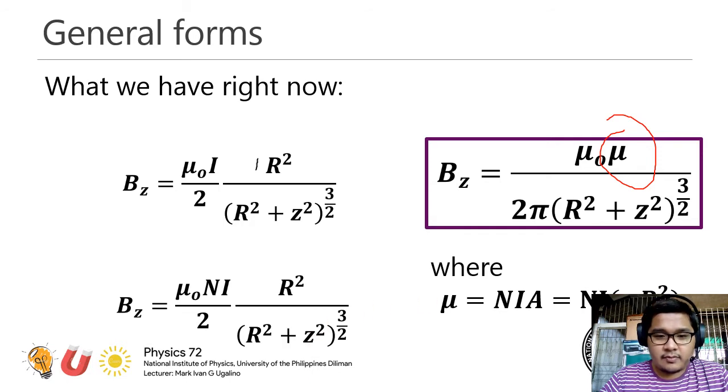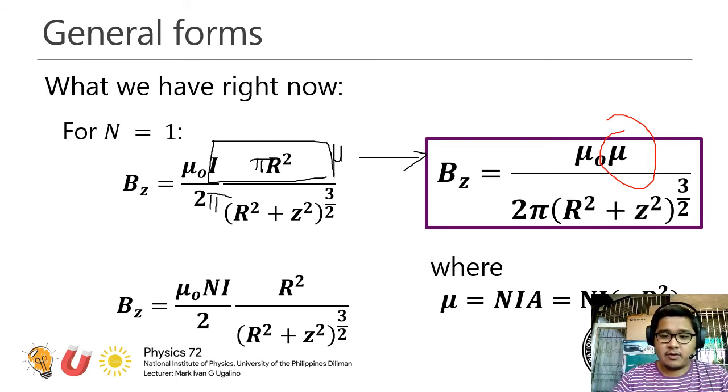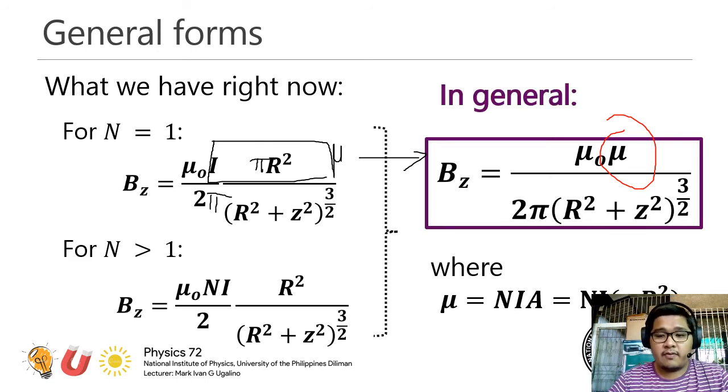You can just multiply the numerator and the denominator by pi. This turns into your mu, therefore giving you this form, which is mu naught mu over 2 pi times r squared plus z squared raised to 3 halves.